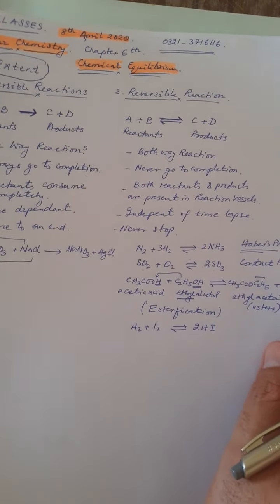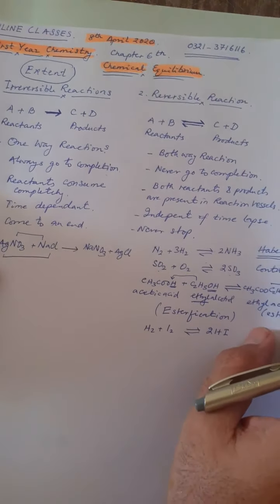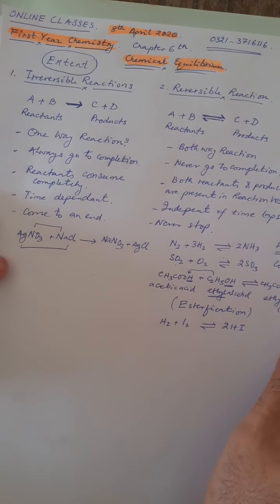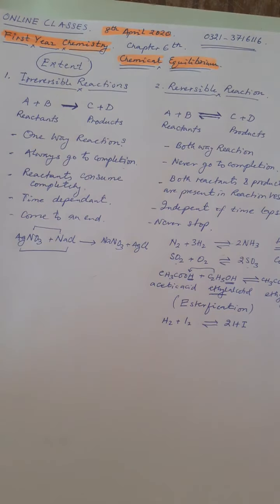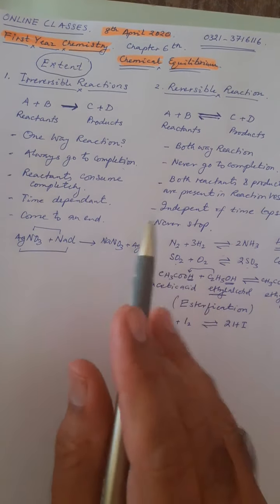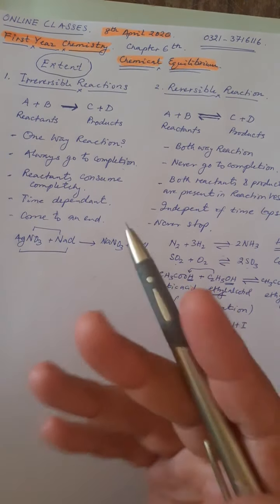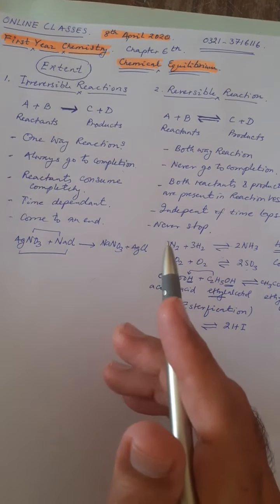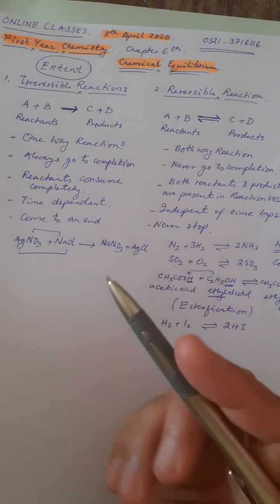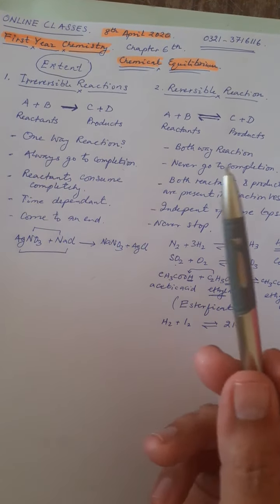So this is the general introduction to the 6th chapter. It's about reversible and irreversible reactions. You can write it down as a differentiation between the two, or you can write it down as just different topics. A question like what are reversible and irreversible reactions, or what are the types of reactions based on the extent of the reaction.